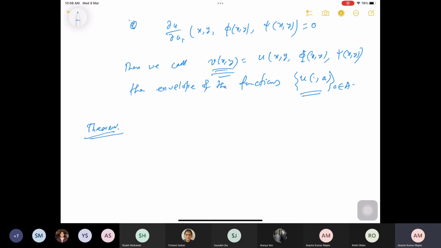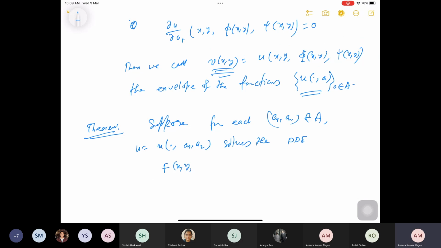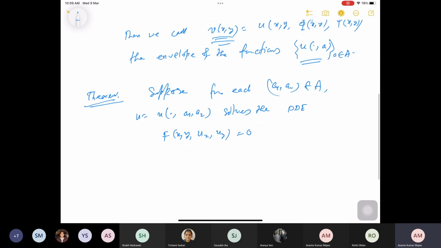So let us see whether v solves my nonlinear PDE or not. Now suppose for each a1, a2 in my parameter set, u(x, y, a1, a2) solves my first order nonlinear PDE, F(x, y, u, u_x, u_y) = 0.